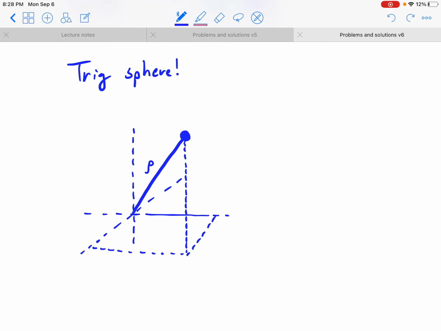Okay? And then what I want to notice is that if I draw on this piece, I get a triangle. Above this piece here, there's a piece above it, like that. And what I want to do is I want to use this angle, psi, like PSI in LaTeX.